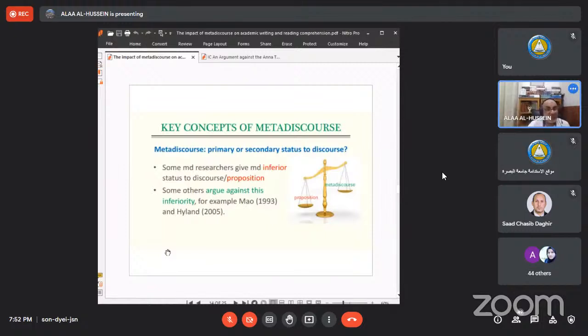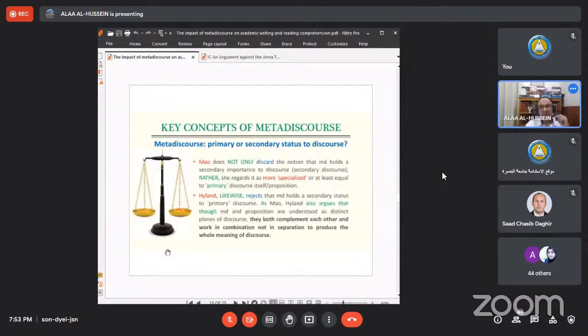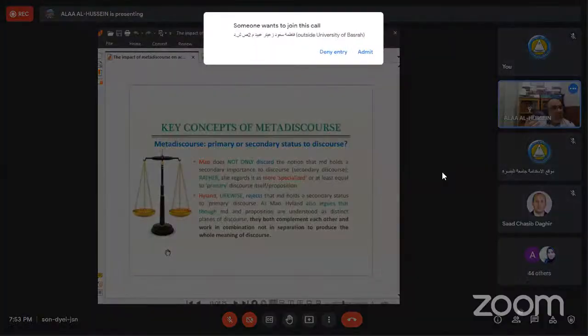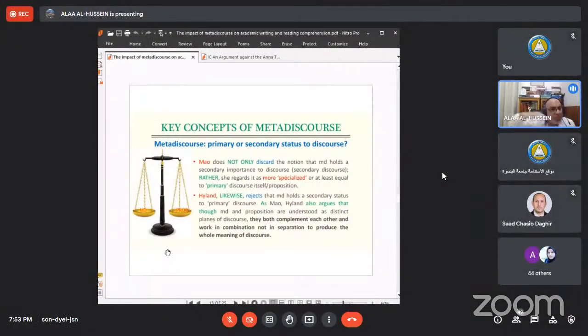On the other hand, we have Hyland and Mao, who reject this idea. Hyland and Mao see that meta-discourse should be equal to proposition, because the meaning of the text is not confined to proposition.